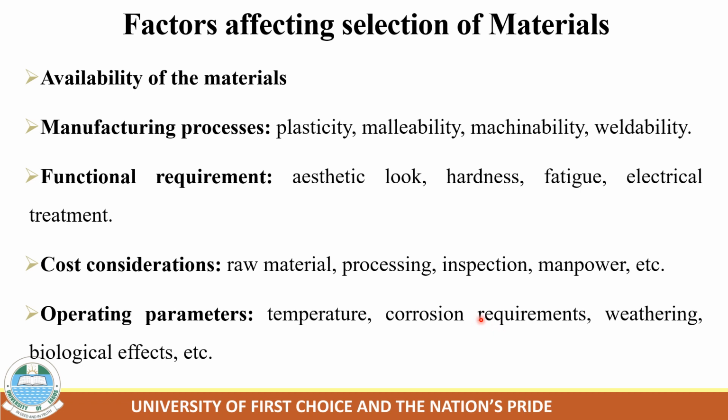You have to look for the metal that has high corrosion resistance. And also weathering, in relation to the environment, and biological effect as well. So all these are factors affecting the selection of materials.